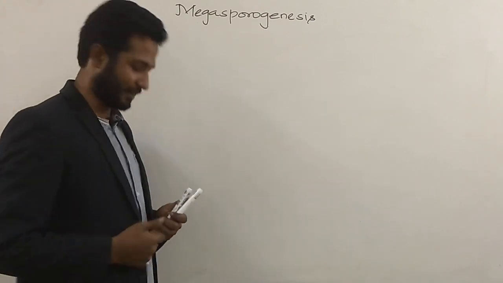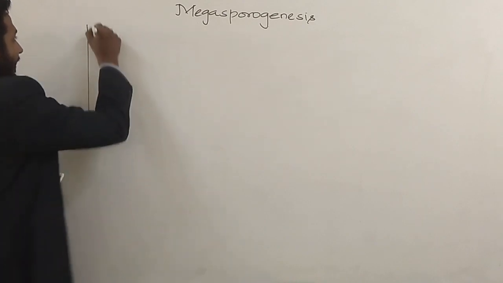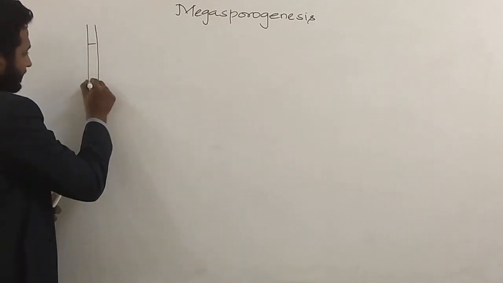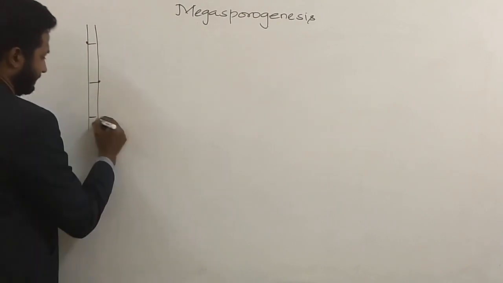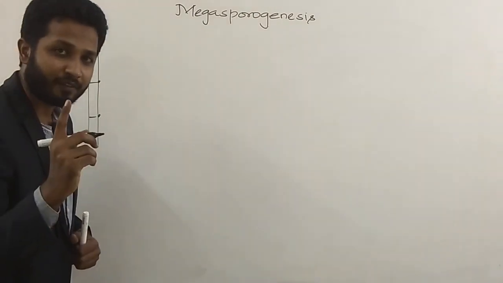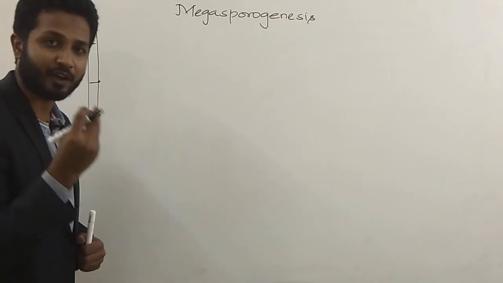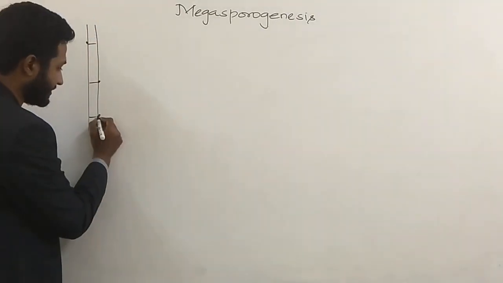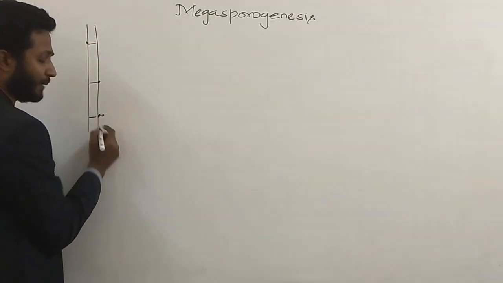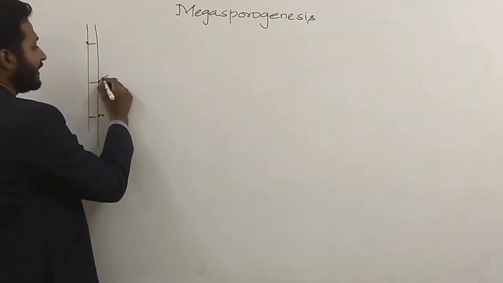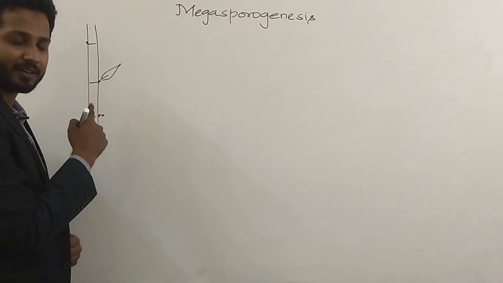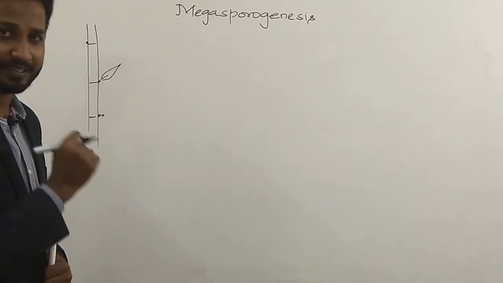How is this ovule developing? If you remember, we told that on a plant, we see a small bud growing out. If florigen hormone, flower producing hormones, are being generated over here, this bud is going to develop into a flower. Supposing leaf primordial hormones develop, it is going to develop into a leaf.